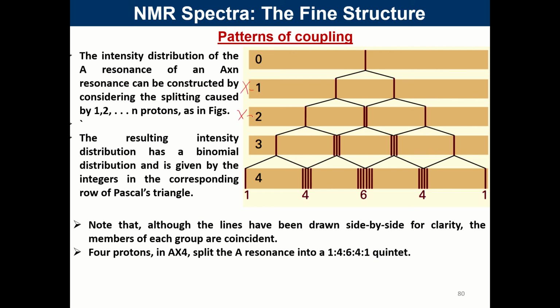X1, X2, X3, X4. So 4 X. If you have that, then you can see 1 is to 4, so there will be 4 lines appearing. When you have 4 X, an AX4 type system, 5 lines appear: 1, 2, 3, 4, 5, and 5 lines is called a quintet. 4 lines appear when X is equal to 3, for an AX3 type system.